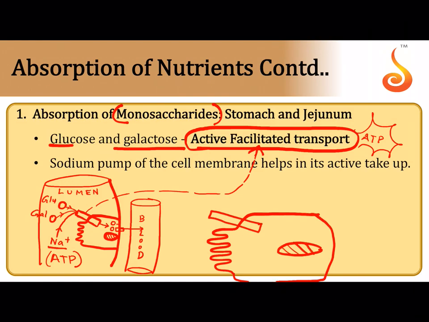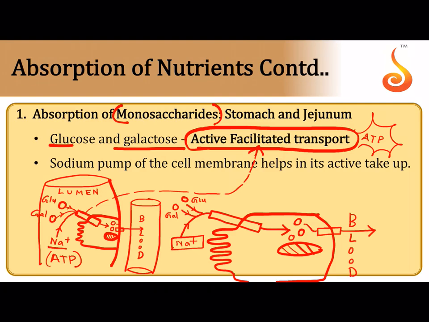Like I told you, from the lumen to enter into the cell, they require the help of sodium ion. Who requires the help of sodium ion? Glucose and galactose. So imagine this is the glucose molecule and this is the galactose molecule. For them to enter into the cell, they require the help of sodium. But I told you, once they enter into the cell, in order to reach the blood, they don't require sodium help, but they require a transport protein again.